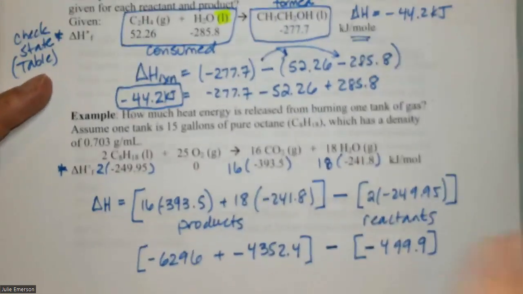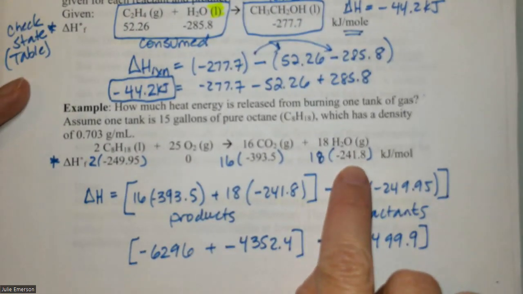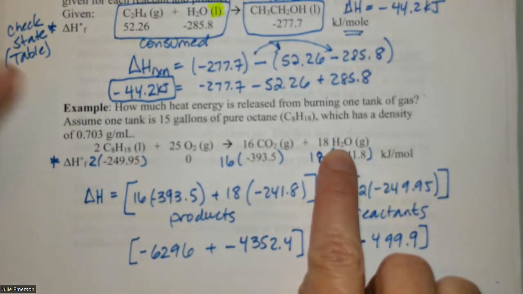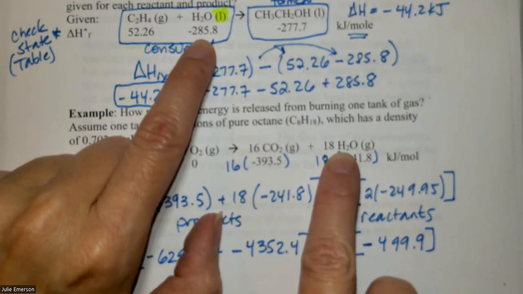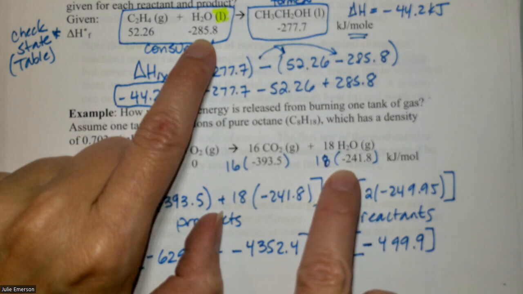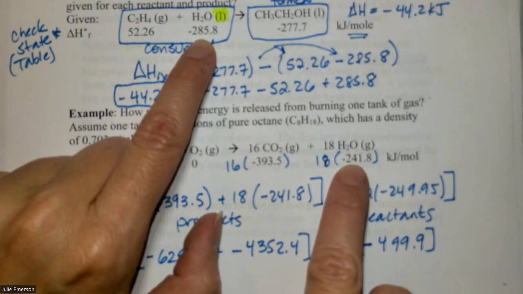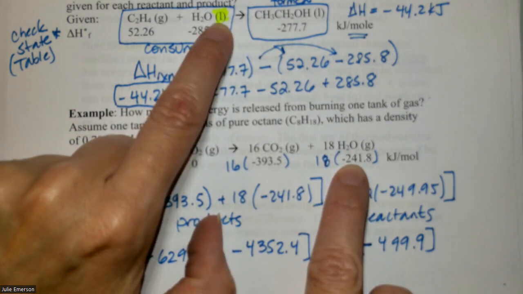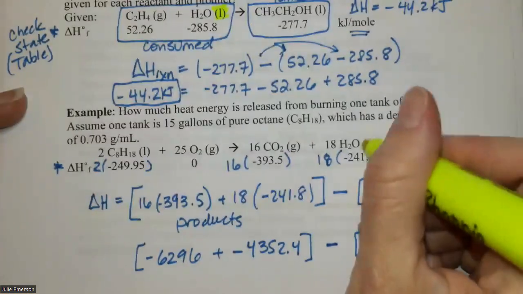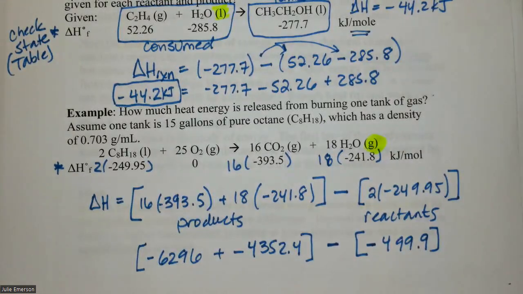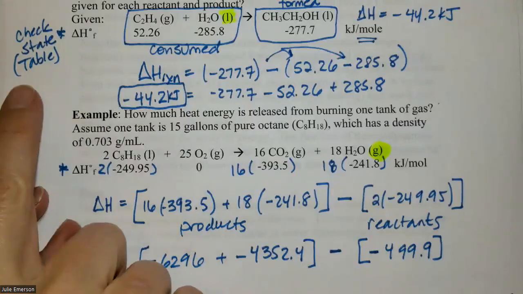So your heat of formation is always given in per mole, right? So for 1 mole of water, notice again, like I mentioned, water up here in the previous example was 285.8, and here it's 241.8, and it's because the state changed, right? So instead of liquid water, in this equation, we've got gas. So that's why the heat of formation is slightly different. So that's what I was mentioning over here.